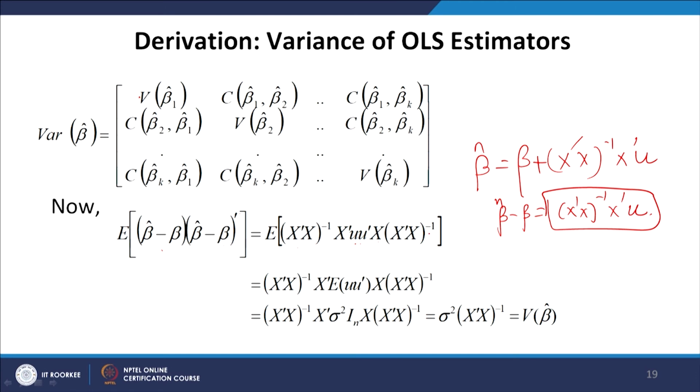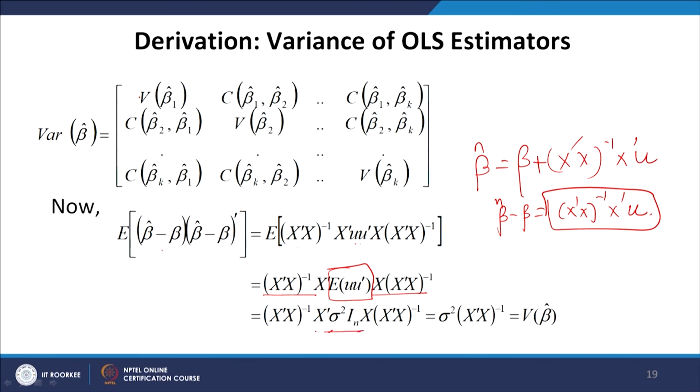And what happens? These are actually non-random entities, so we do not have expectation operating on them. Expectation actually is working only on u u prime. We know that the expected value of u u prime is sigma square I n.